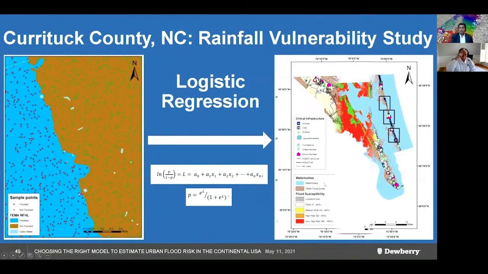And because of that, we were surprised to see that a lot of critical infrastructure that's not within the identified FEMA flood zones actually were vulnerable as predicted by the logistic regression model.